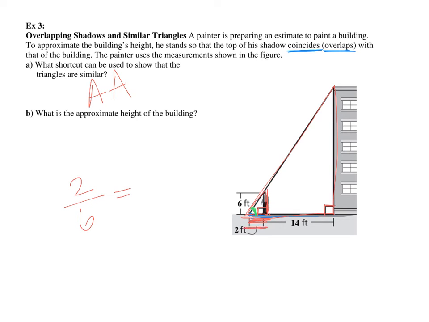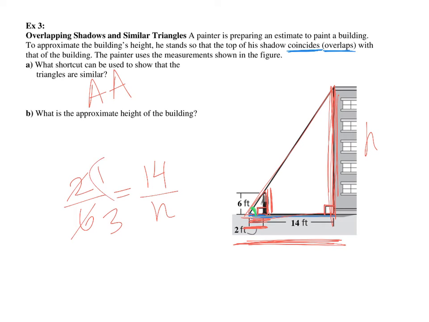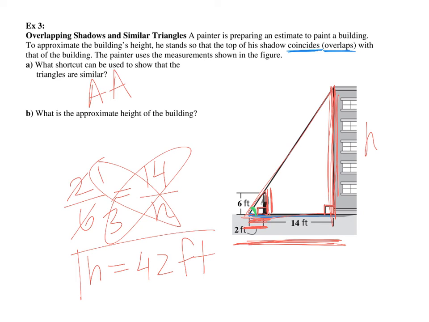All right, so I'm using the small distance for that little triangle over the height of the triangle. So I'm going to use the large distance going horizontal over the height of the building. You just have to be consistent. H. All right, so I'm going to simplify this to 1/3, cross multiply, and H is equal to 42 feet. Done.